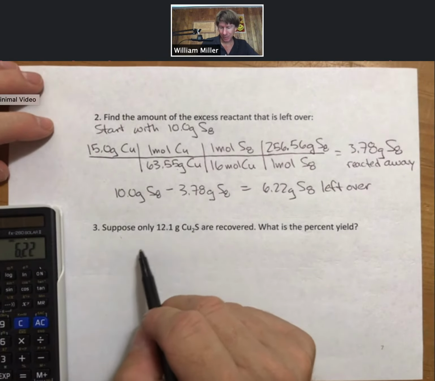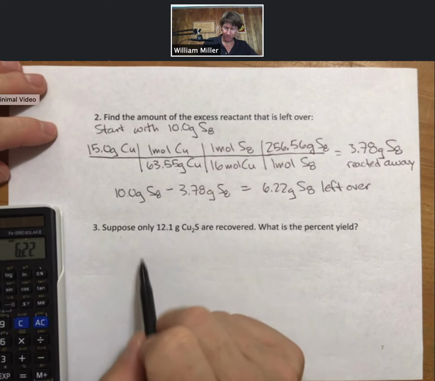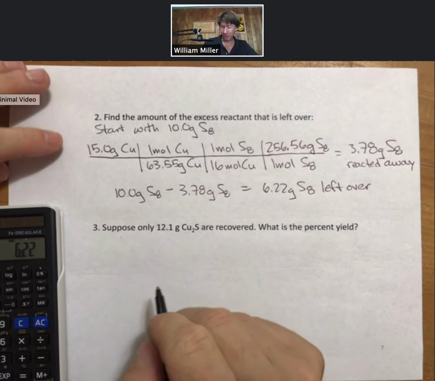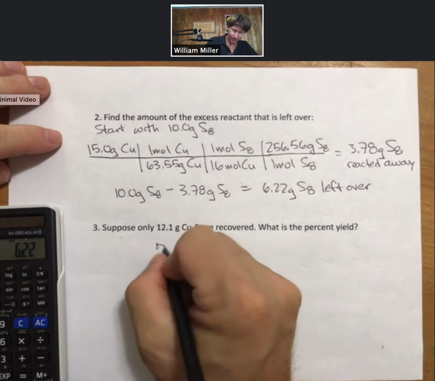Add in just another bit here so we can do another percent yield. Suppose only 12.1 grams of copper 1 sulfide are recovered. What is the percent yield?